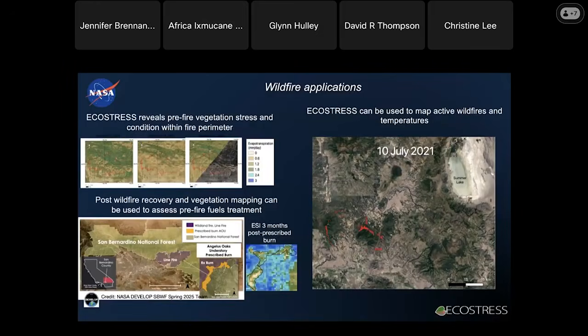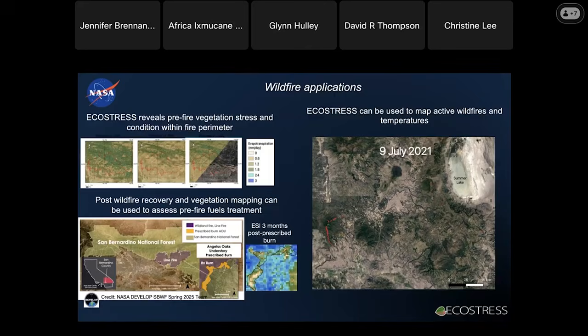We've also been exploring wildfire applications. And so in this example, we're just briefly summarizing areas in which ECOSTRESS can be used for understanding pre-fire vegetation stress. So in the upper left is an example of ECOSTRESS evapotranspiration leading up to the Eaton fire.